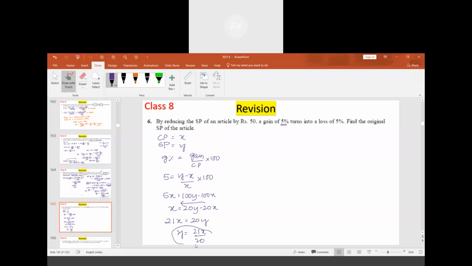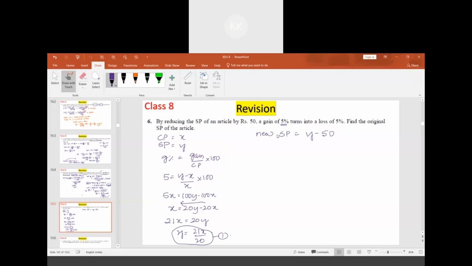When the selling price of the article is reduced by rupees 50, the new selling price will be y minus rupees 50, because they have given that the selling price is reduced by rupees 50.